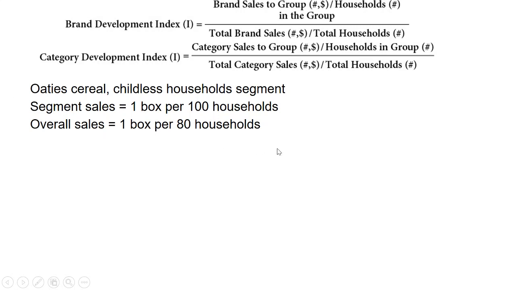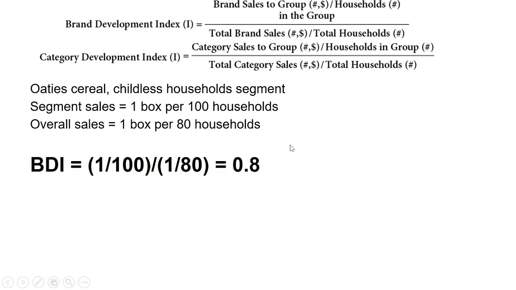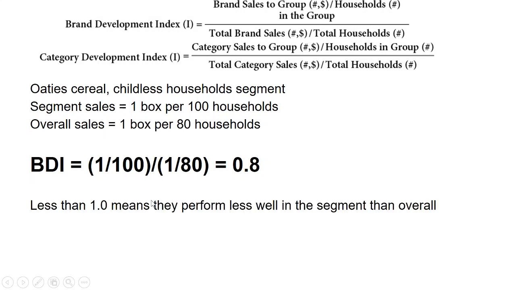In other words, we want to know, does our target segment buy more of our product per capita, we could say, than the entire population? So our BDI here is 1 per 100 divided by 1 per 80. That gives us a brand development index of 0.8.